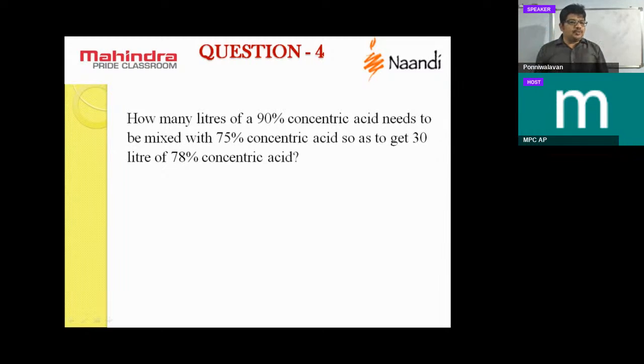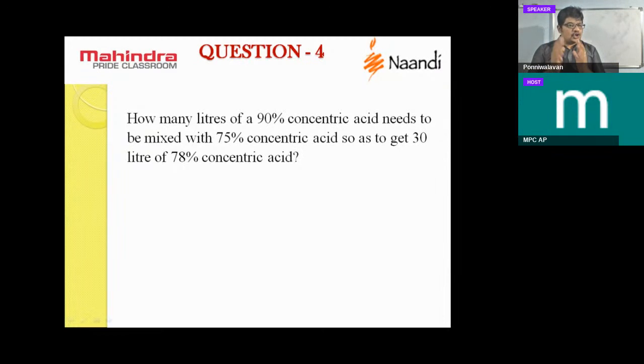Okay. Which two concentrations are you mixing? 90 and 75. If you mix, what is the mixture percentage? 78.